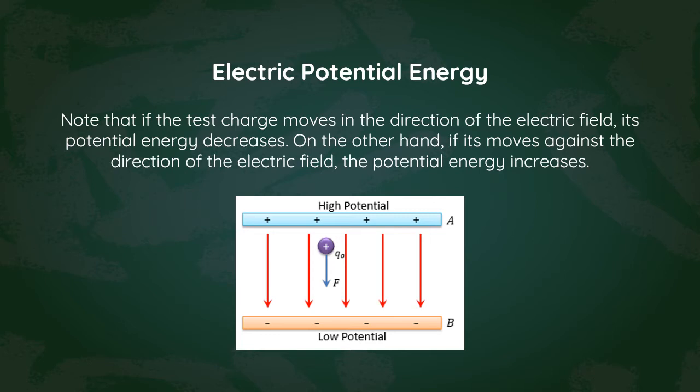So this is also the same for electric potential energy. If your test charge moves along with the electric field, in the same direction, then your electric potential energy will decrease. But if it goes against the electric field, then that will give you an increase in electric potential energy.